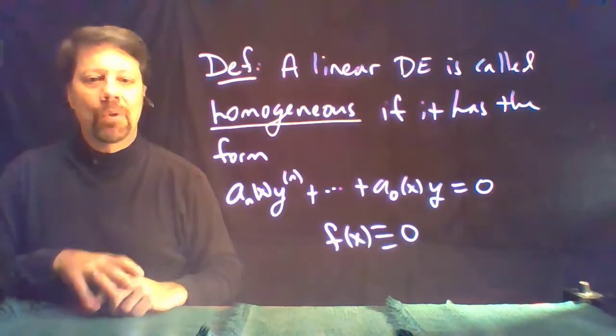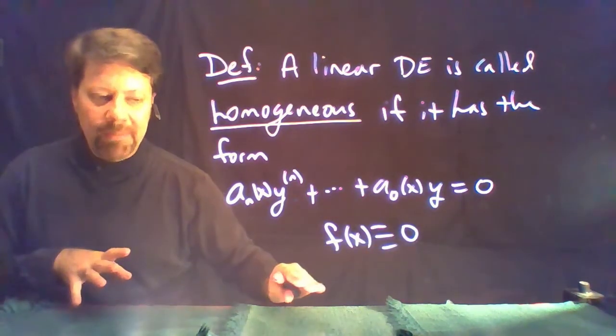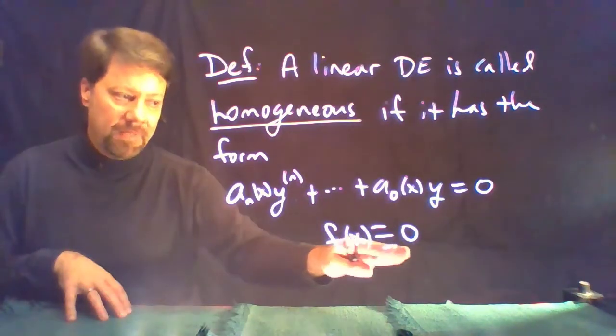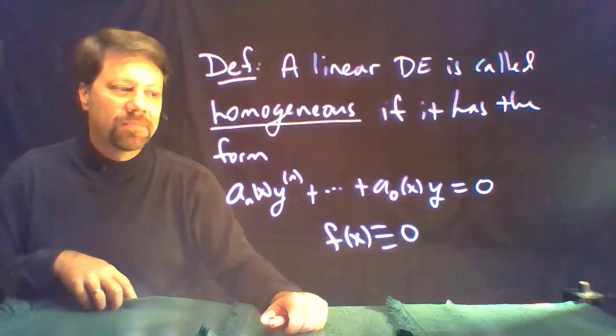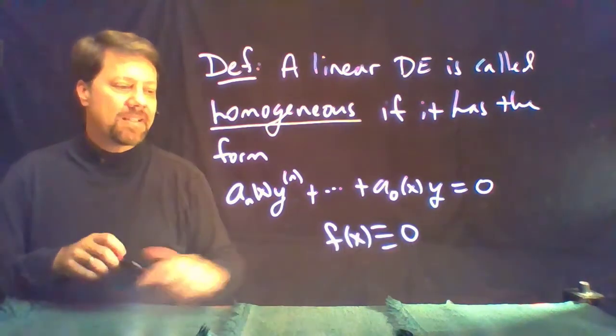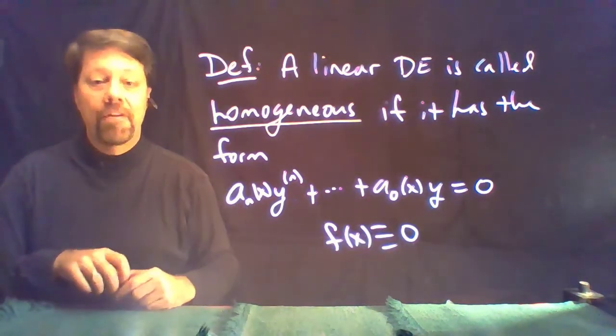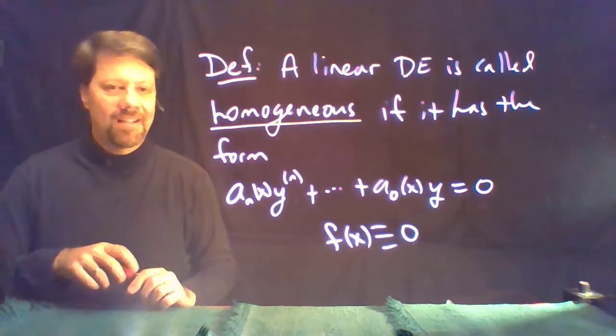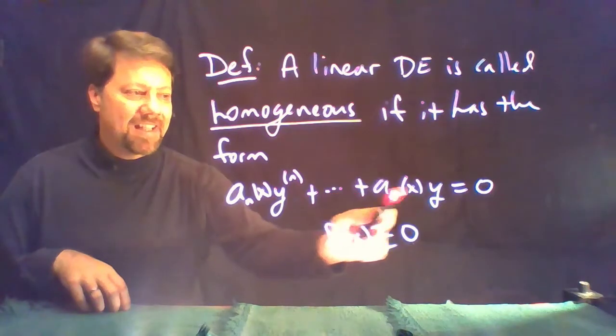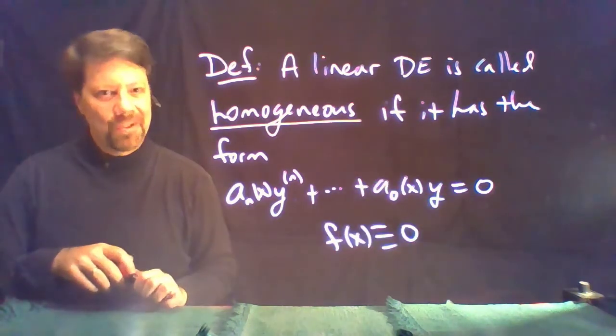When I write an equal sign with three lines, it means it's equal for all replacements of the variable. So this means that f of x equals 0 for all x. And in particular, the left-hand side from before is just equal to 0.